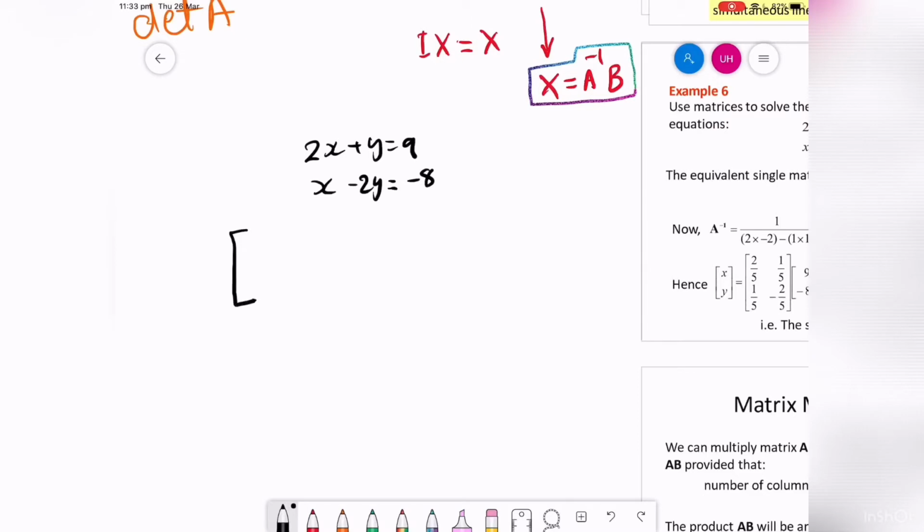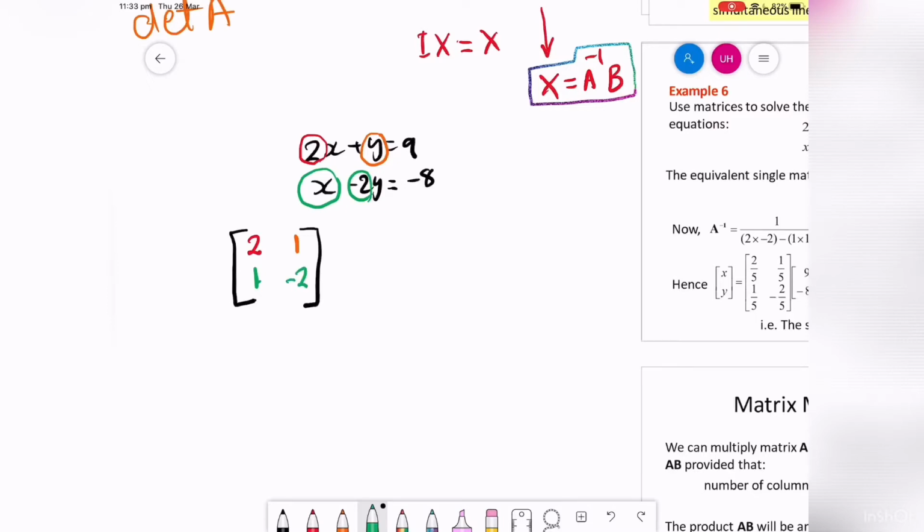So in a matrix form, that means we write a matrix that has the coefficients of the x and y. So we have 2 here, and this is y, that means it's 1y, so there is 1 here, and there is x here, so that means 1x, so I put 1 there, and there is minus 2 here.